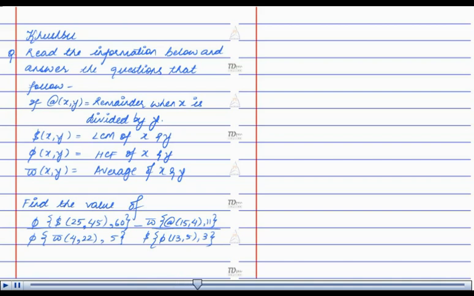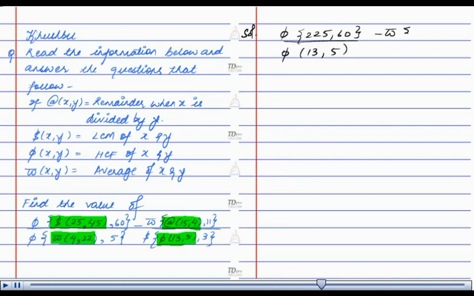5, 3. We first simplify the brackets $ of 25, 45, omega of 4, 22, @ of 15, 4 and phi of 13, 5 and get the expression in the simplified form as phi of 225, 60 upon phi of 13, 5 minus omega of 3, 11 divided by $ of 1, 3.